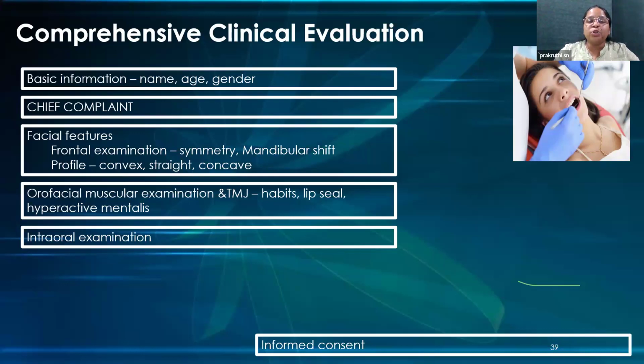Anterior severe open bite of 4 millimeter. Is it possible to correct with aligners? Okay, that is also a difficult tooth movement with aligners.